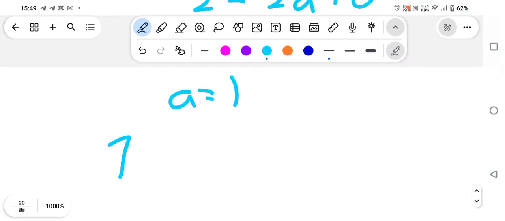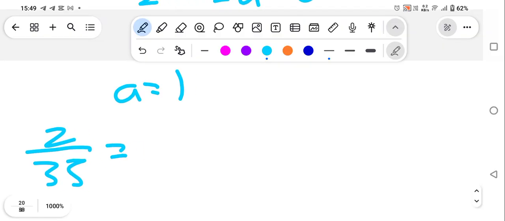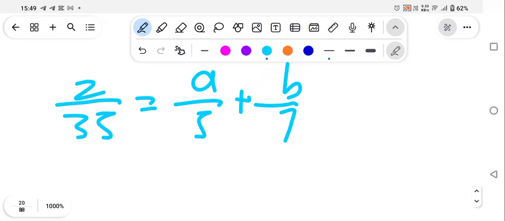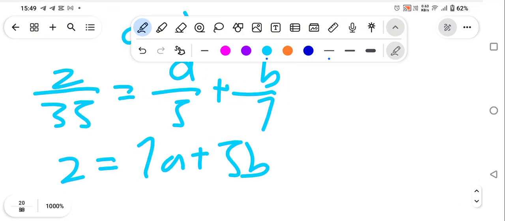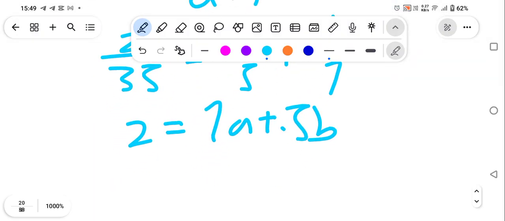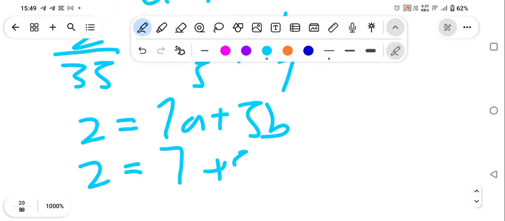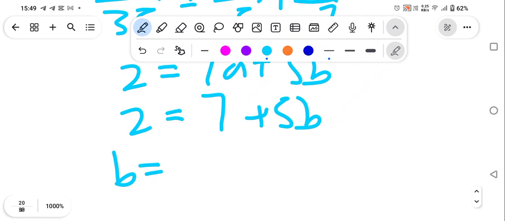So we know that when we have 2 over 35 equals a over 5 plus b over 7, then we have 2 equals 7a plus 5b. And from here we can solve for b by simply doing 2 equals 7 plus 5b. So thus b equals -1.